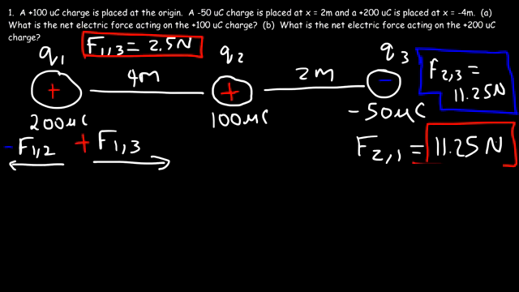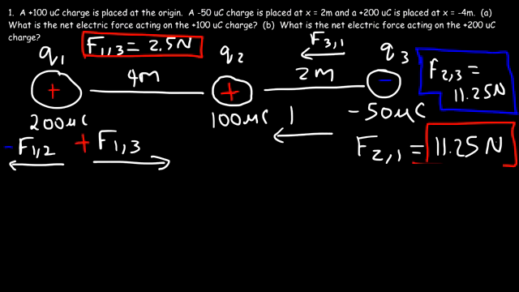Now for the sake of practice, let's calculate the net force acting on charge 3. Charge 3 is attracted to both charge 2 and charge 1. So the two forces acting on it will be directed towards the left. So it's attracted to charge 1 and the force between them is going to be F3,1. That's the force exerted on charge 3 due to 1.